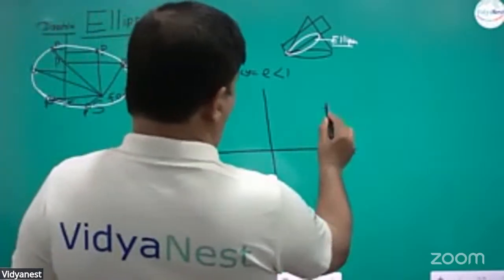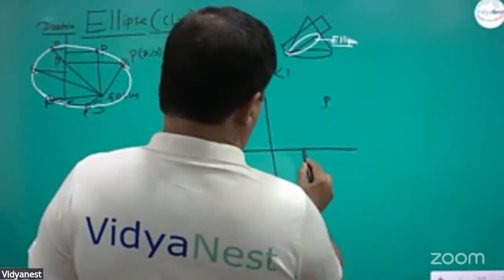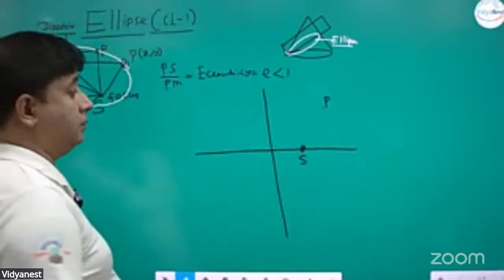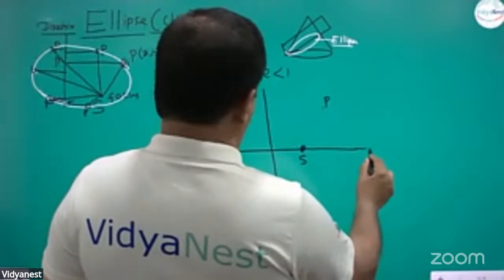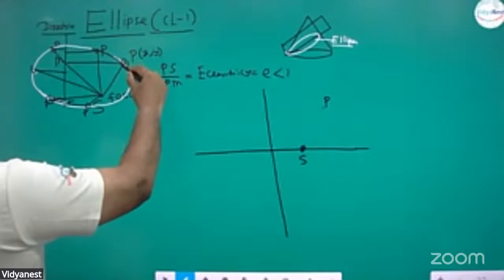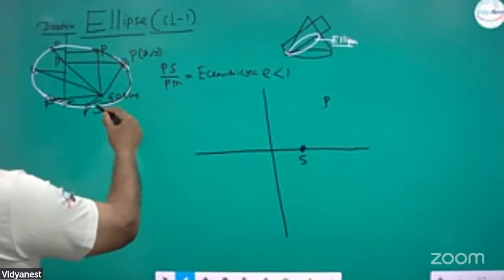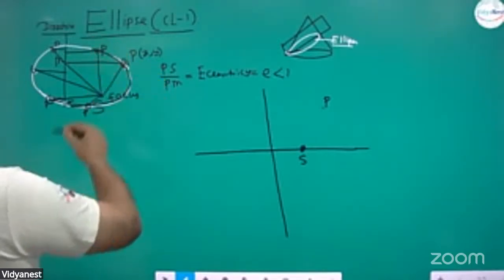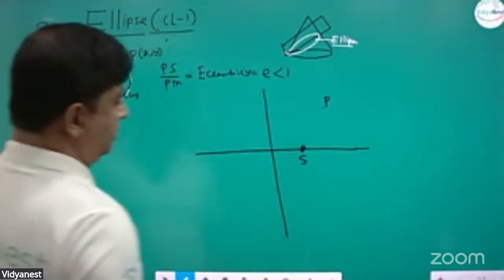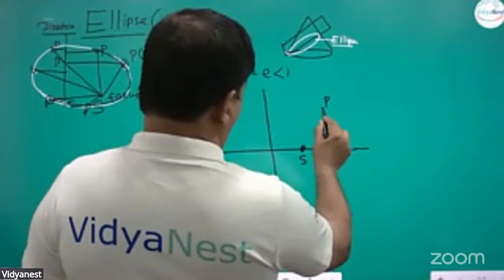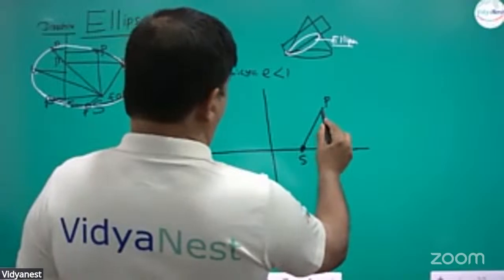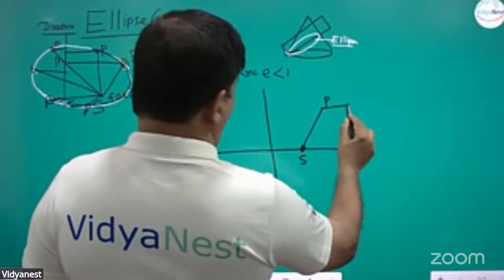There is the point P, there is a fixed point S. Okay? See how the curve moves on. If you consider half of the parabola, so directrix will go through this way. So PS and PM.